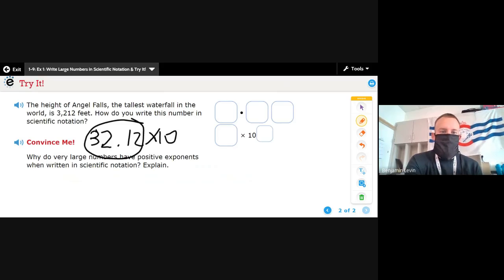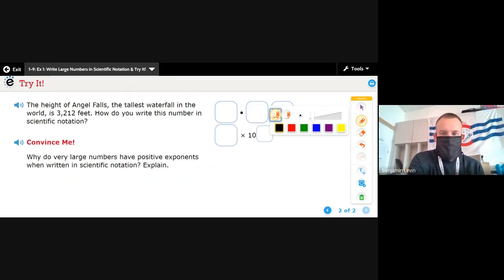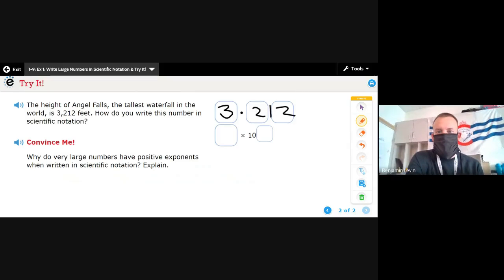You have to only have one place left of the decimal, right? Our decimal always has to go after the first number. So this is not correct. I'm going to start out by saying 3.212. I don't know why they only gave us 2 blanks, but I have to start out with 3.212.